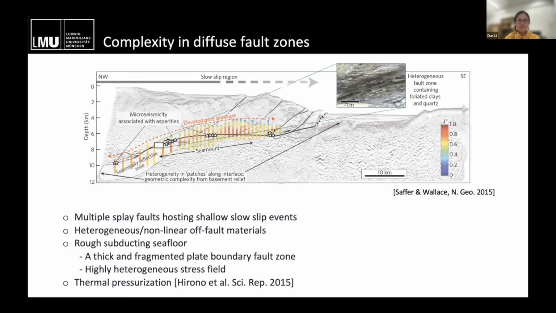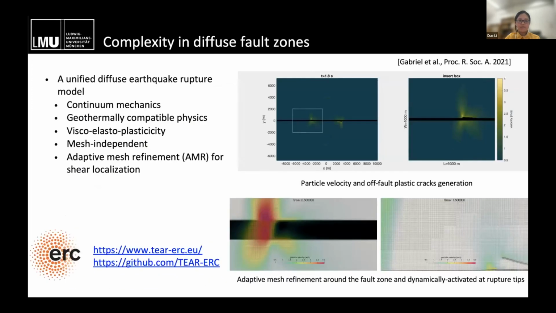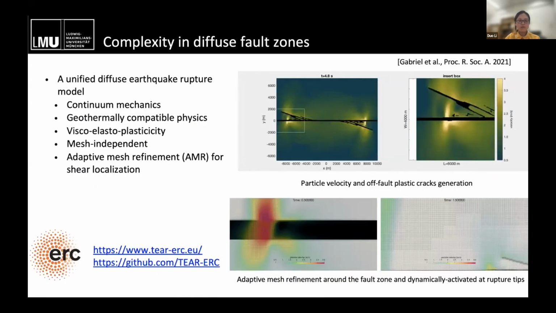So to really capture the physics of the shallower slow slip, we think it might not be efficient to use this boundary element method. So this is a model we are currently developing in the group at LMU.